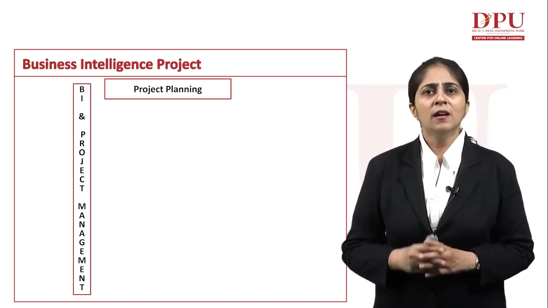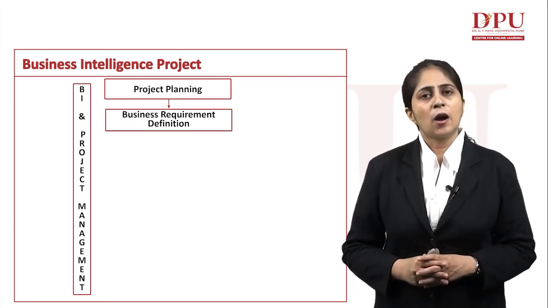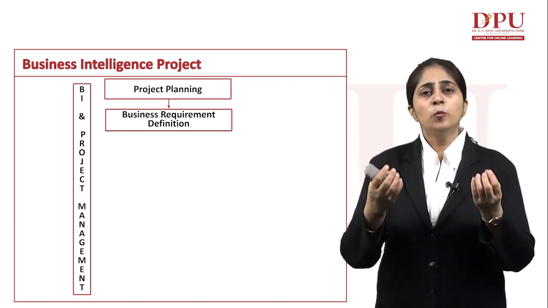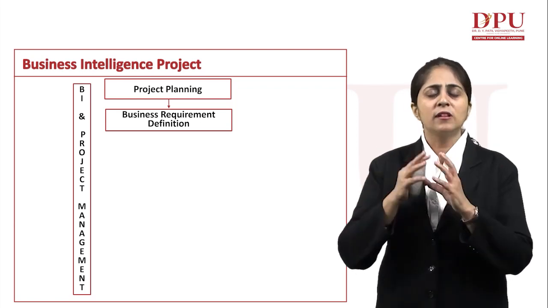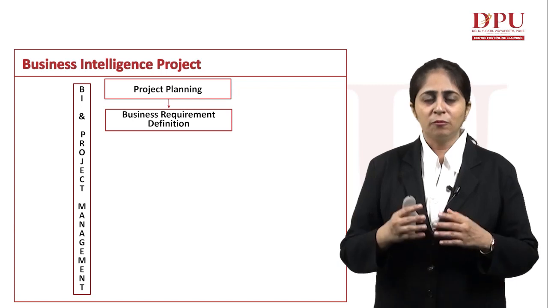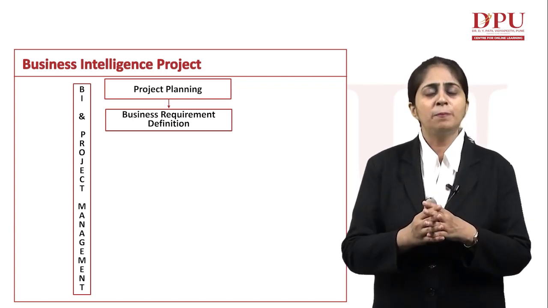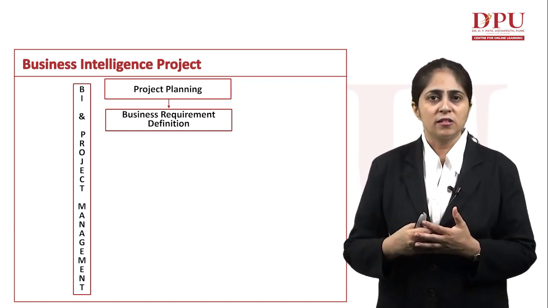The second step will be business requirement definition. This basically means we need to analyze the requirements for this project. For whichever company we are building the project, we have a team of people who will do this task of requirement analysis.